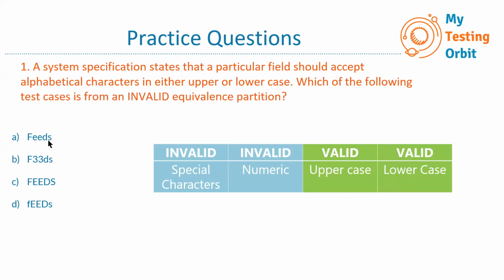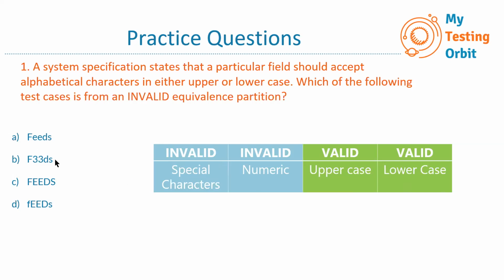So let's go through each of them. The first one is Feeds, in which F is capital, so it's from our valid range. And the rest is lowercase, which is again our valid range. So this is not from the invalid partition, and that would be incorrect.